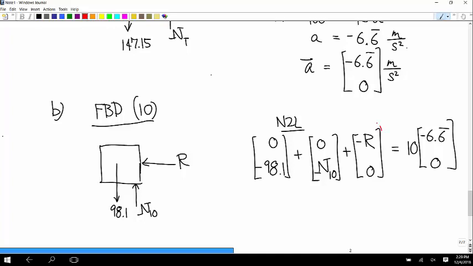The vector we're trying to calculate is this. So we just need the value for R. This vector here is the force on the 10 by the 5.